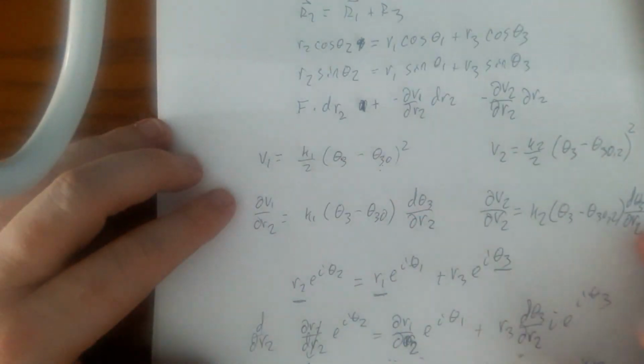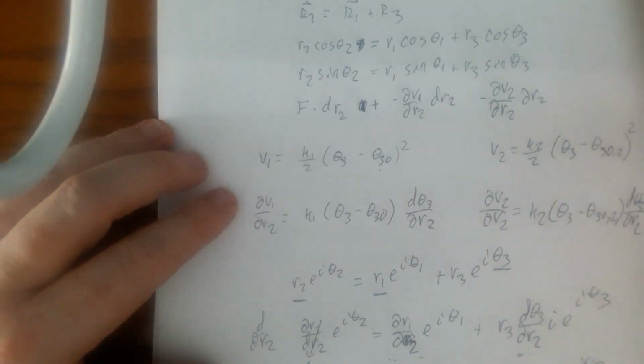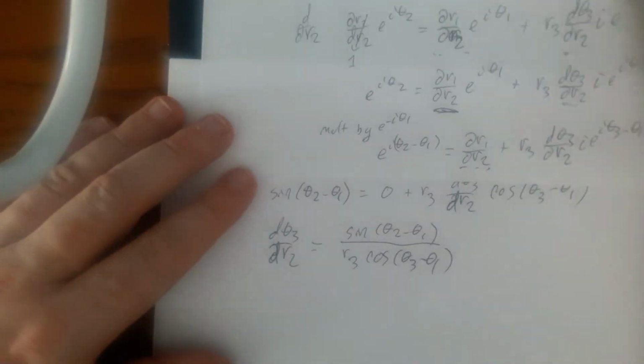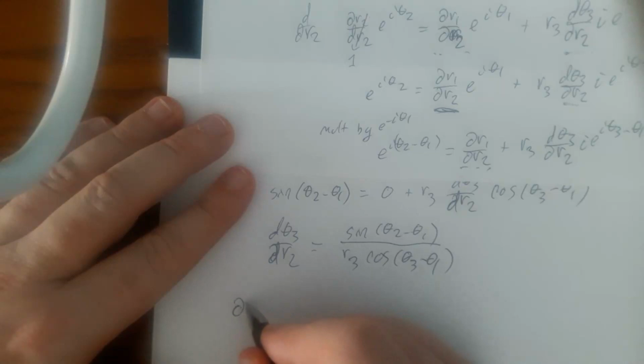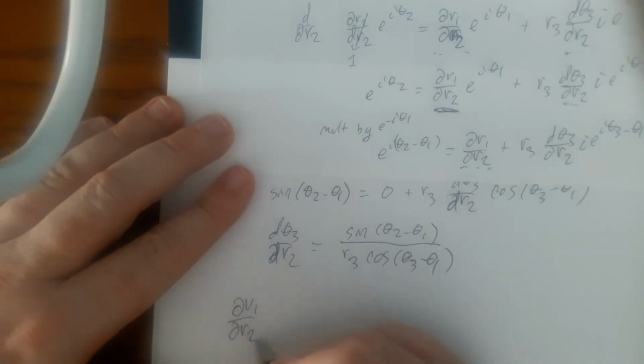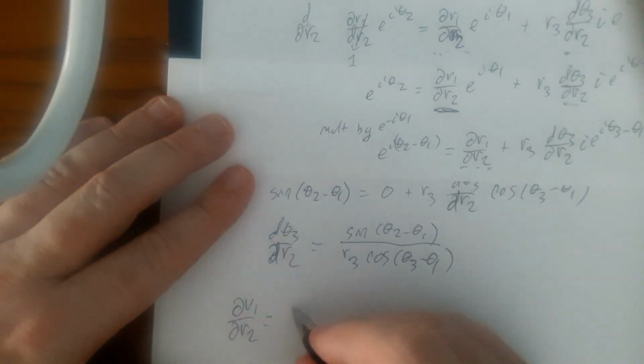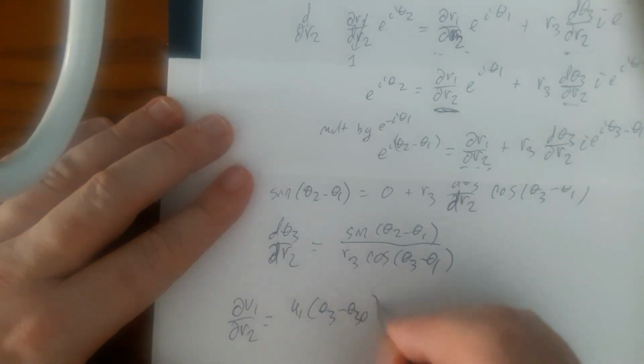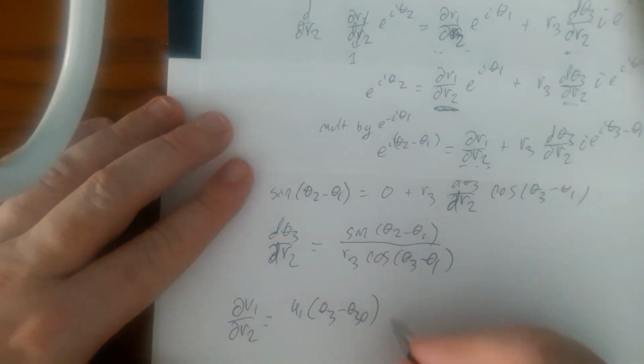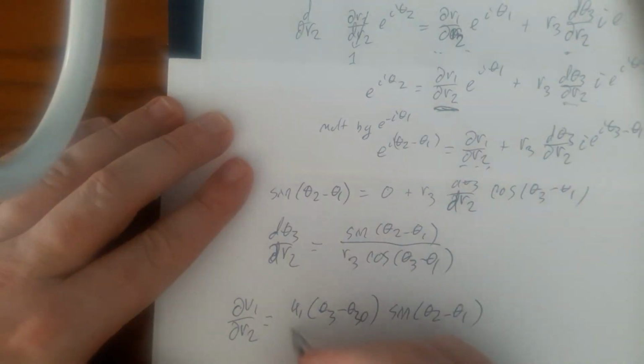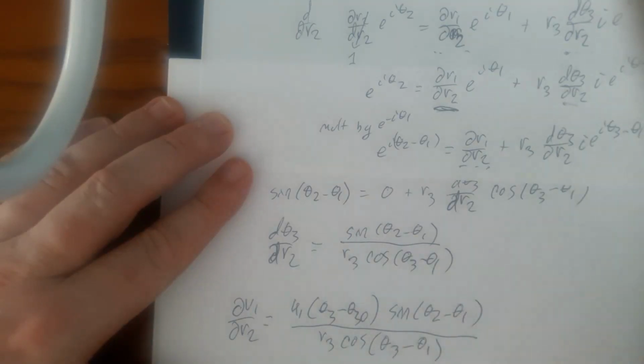Okay, and so we can now go back and plug in d theta 3 dr2 into those two equations. And so we'll have dv1 dr2 is just k1 theta 3 minus theta 3 naught, and then we'll have a sine theta 2 minus theta 1 over r3 cosine theta 3 minus theta 1.